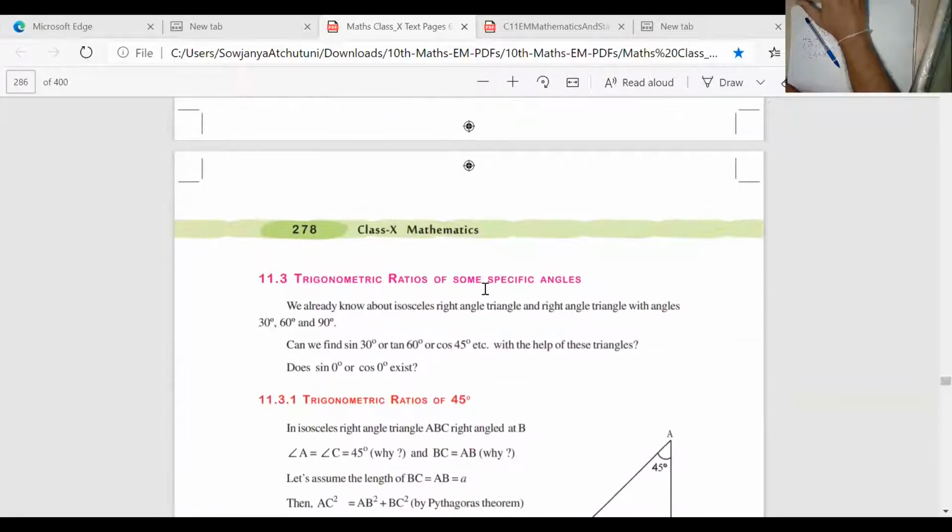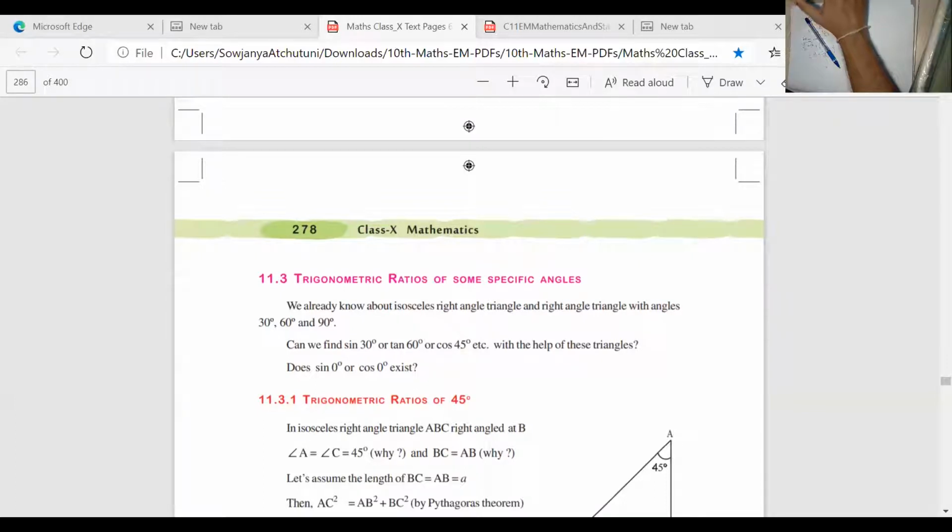Now let us see some specific angles. Suppose I want to find out the 45-degree angle. If it is 90 and 45, what is the other angle? The total is 180, so 90 plus 45 plus 45. This must also be 45.